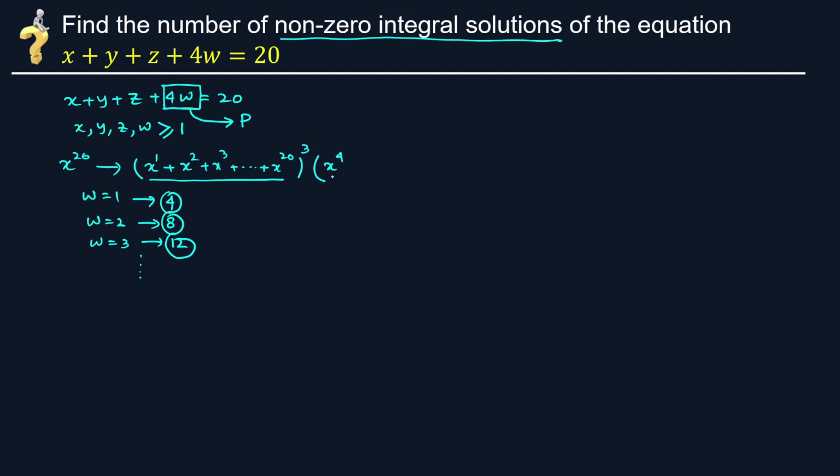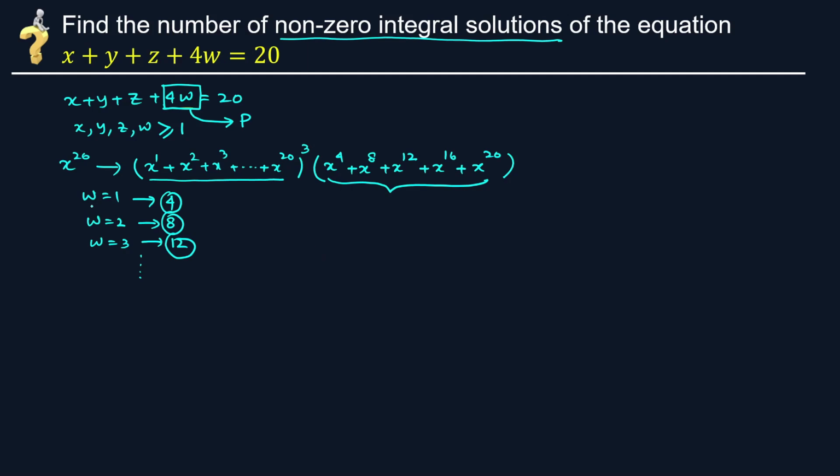Because the minimum number of objects this person can receive is 4. Then it can receive 8, then 12, then 16, then 20, because a maximum of 20 objects can come. So for w, be very careful. I have started with x to the power 4.